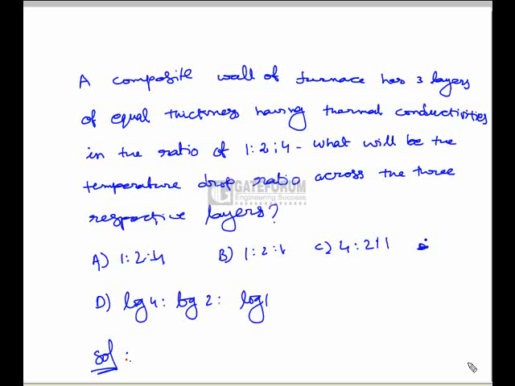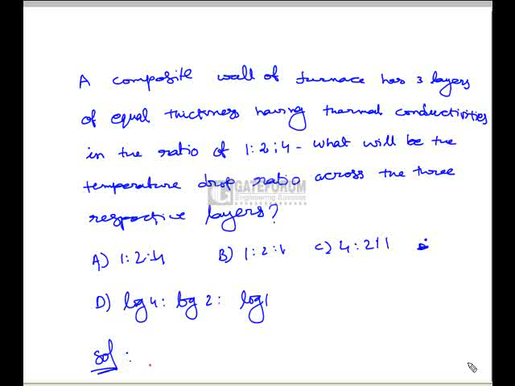A composite wall of a furnace has 3 layers of equal thickness having thermal conductivities in the ratio of 1:2:4. What will be the temperature drop ratio across the 3 respective layers? The given options are 1:2:4, 1:2:1 and 4:2:1, and D is log 4 : log 1.